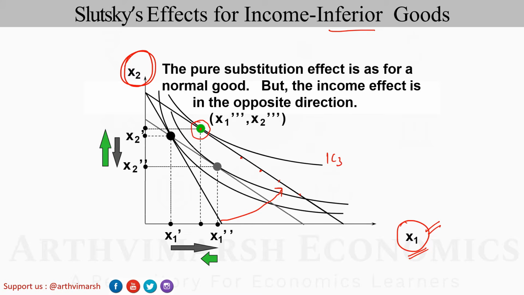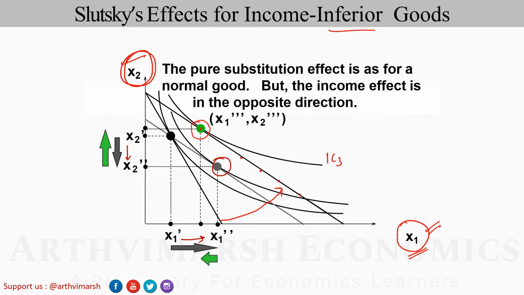That's why it is at a point like this, where there is more of X2 as compared to X1. So in the process, with the substitution effect, X1 went up and X2 went down.